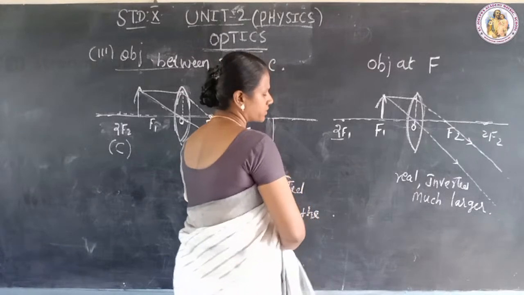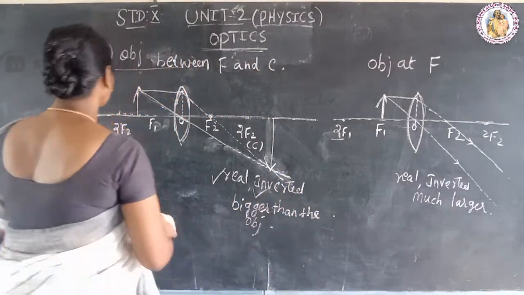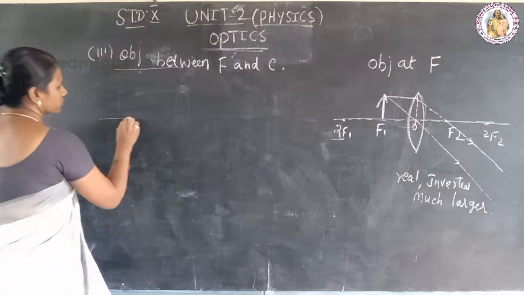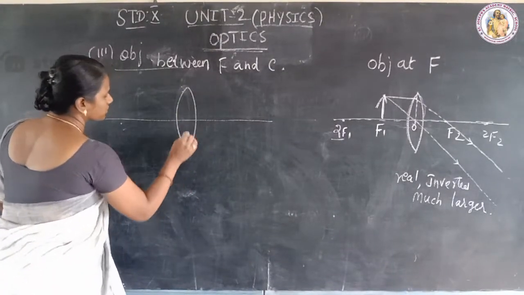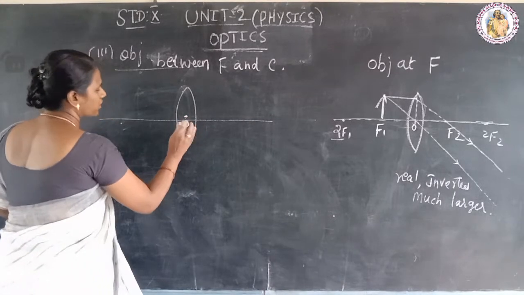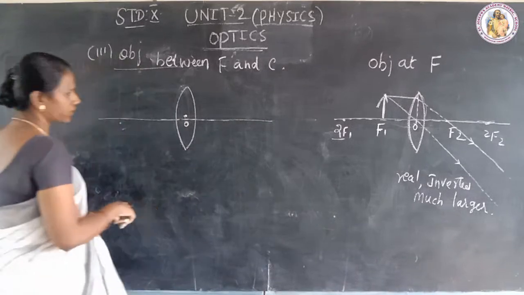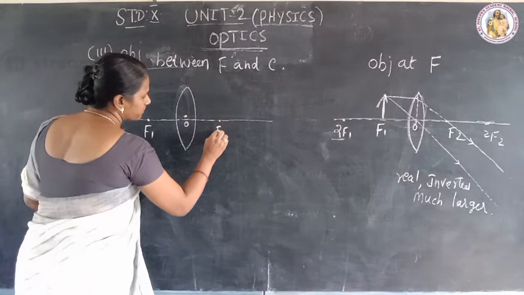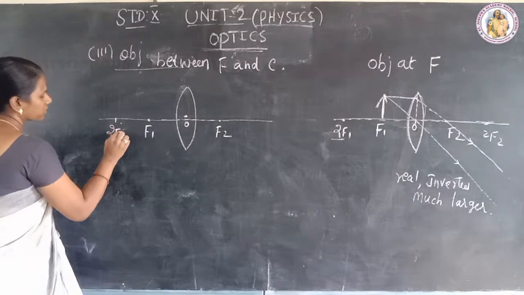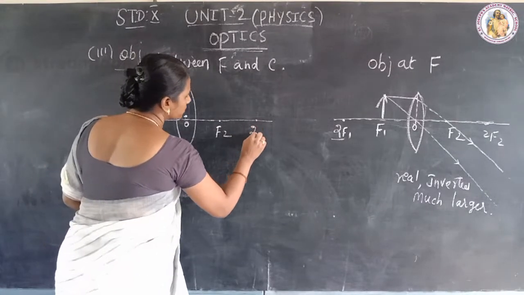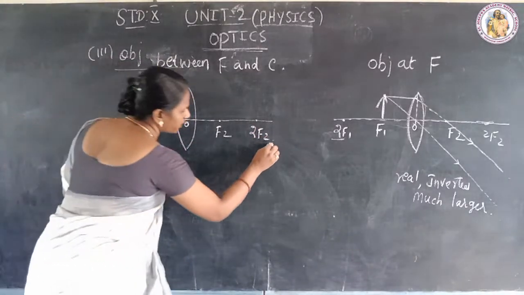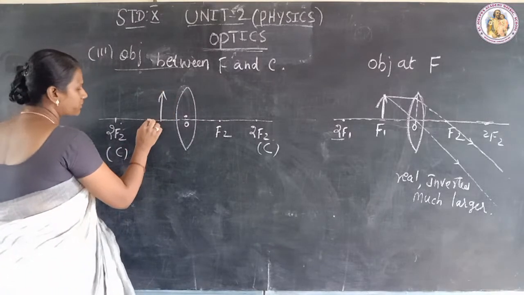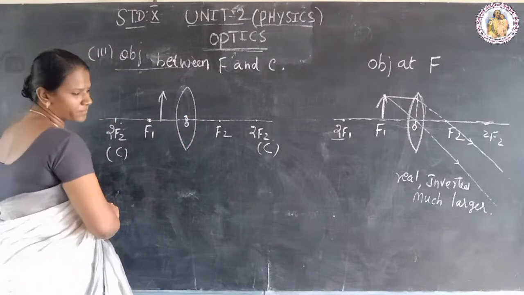Here, the principal axis, the optical center, the principal focus, then the center of curvature, this is also the center of curvature, C. If I keep the object in between the principal focus and the optical center, what happens this time?